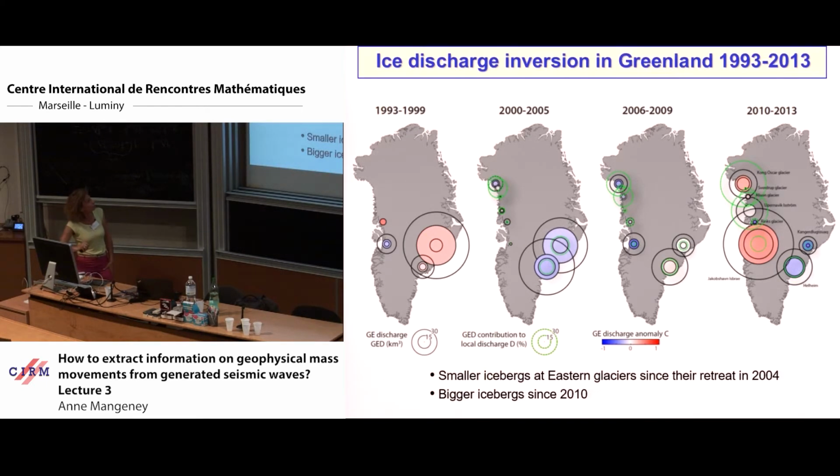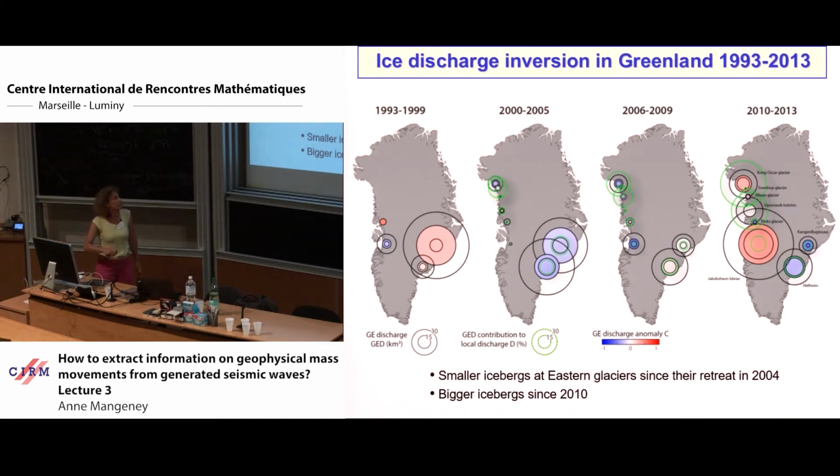So you can see that in this period you have essentially very big volumes and very big quantities in this part of Greenland. It decreases, and here you had almost nothing. The Baudouin Glacier that I showed you is here. From the 2000s, you start to have discharge here that increases and now gives a very big discharge, while in this part where you had very big discharge, you have smaller discharge and also smaller individual volume.